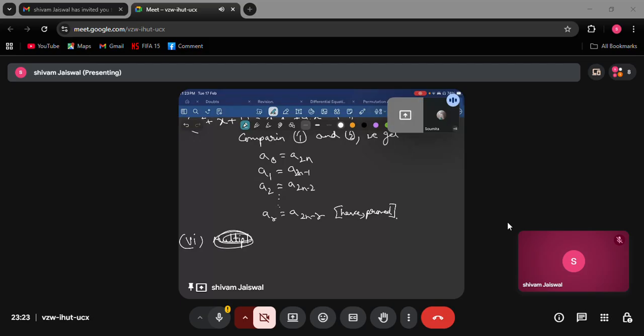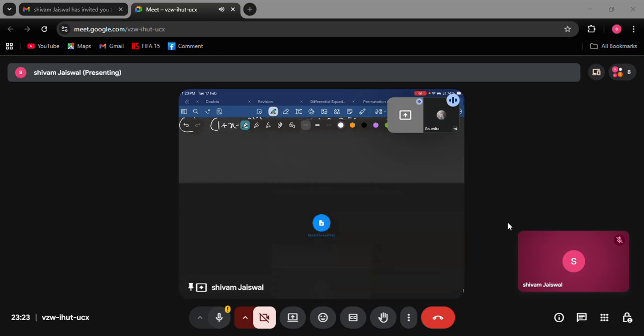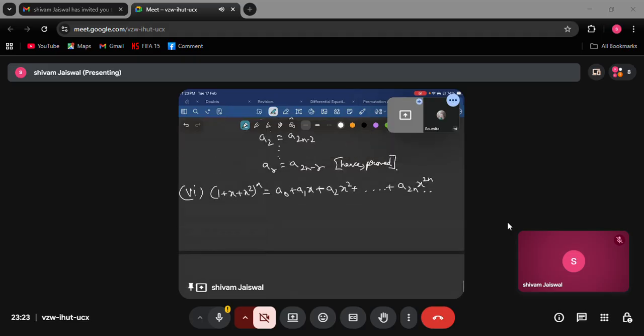You've got (1 plus x plus x squared) whole to the power n is equal to a0 plus a1x plus a2x squared plus dot dot dot plus a2n x to the power 2n. This is equation 1. Now you replace x by minus x.